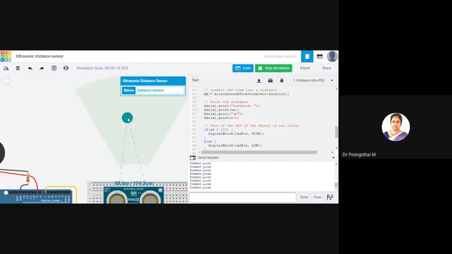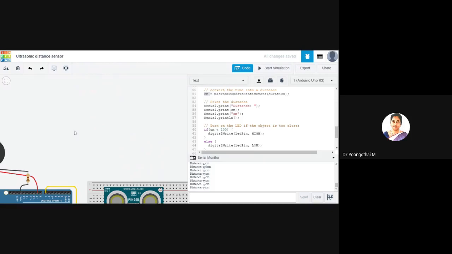How does an ultrasonic sensor measure distance? What is the working principle of an ultrasonic sensor? It uses ultrasonic rays, ma'am, sonar rays. Can an ultrasonic sensor detect humans? Yes, ma'am, because humans emit ultrasonic radiation.